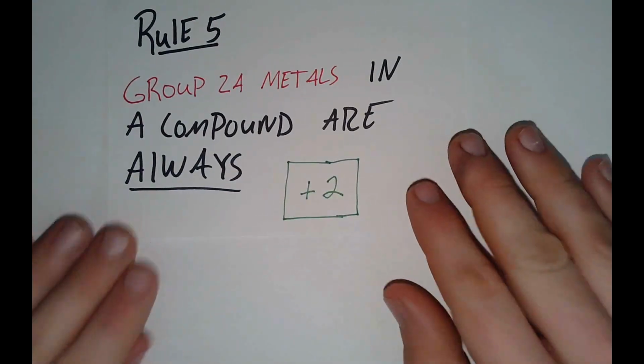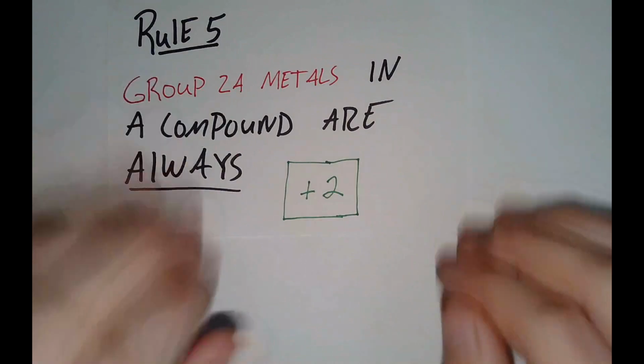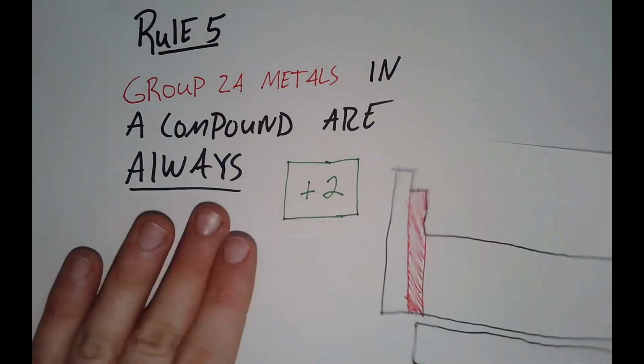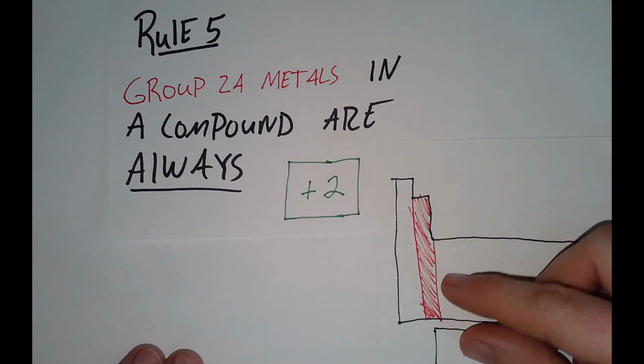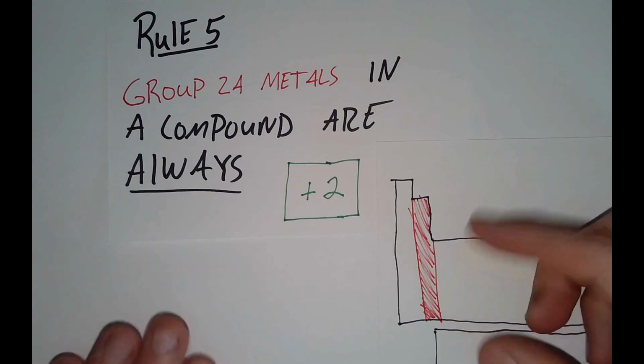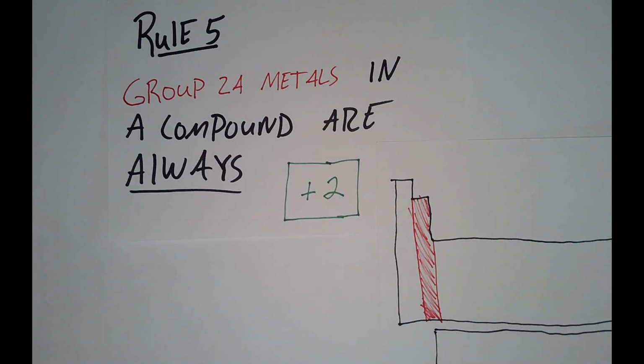And we can add another rule to that. That 2A metals are always +2. And this isn't news to you because these are the charges of the alkaline earth metals as they are. You already know that this piece of the periodic table is +2, period. And so these two rules are kind of common sense almost.